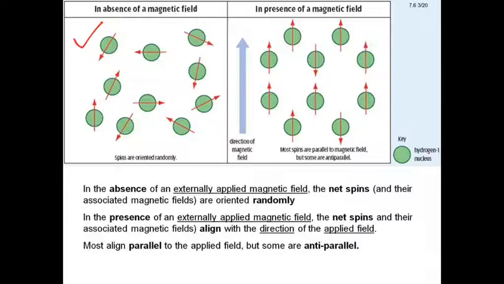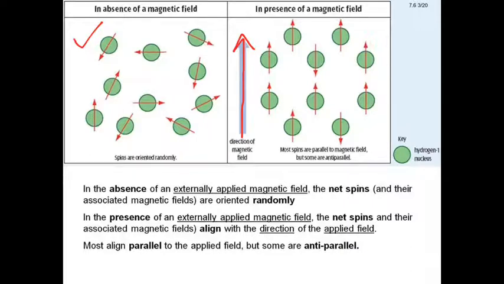But if you apply an externally applied magnetic field, just the same as if you have a bar magnet with iron filings, you force all the little atoms to line up in the direction of the externally applied magnetic field.